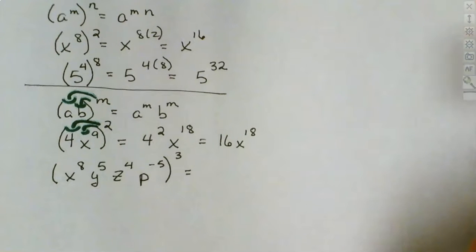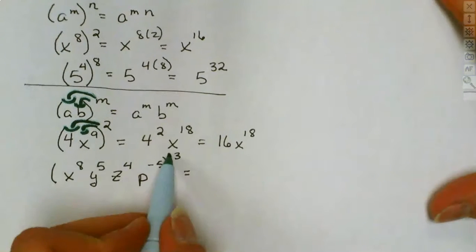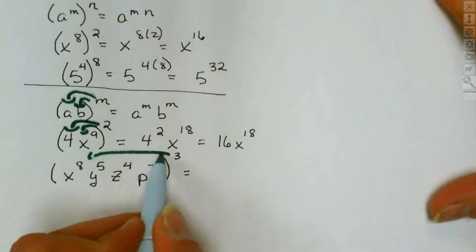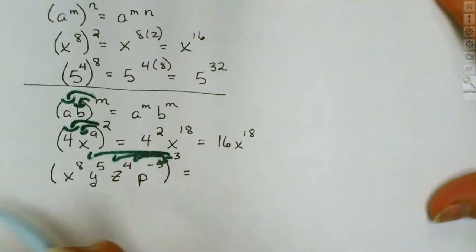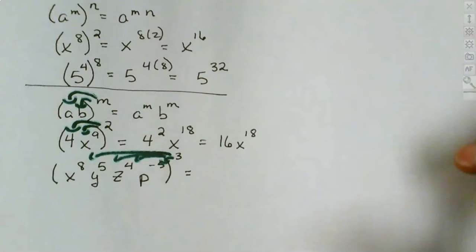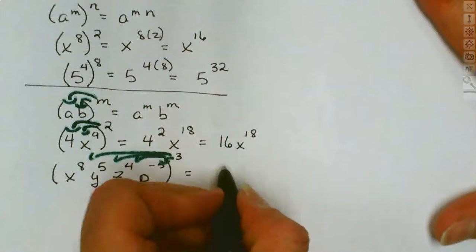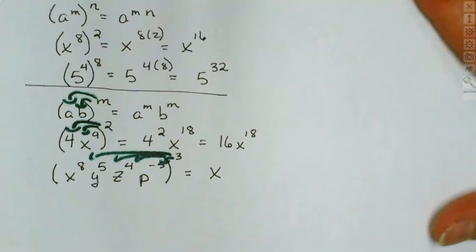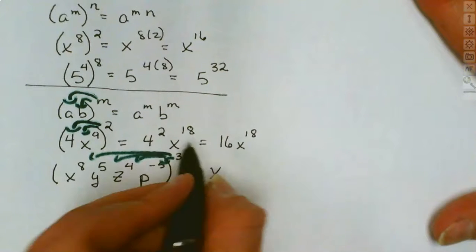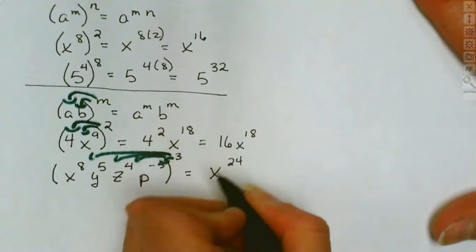So what do we need to do? Well, we need to go ahead now and distribute that 3 through. So when we have parentheses, those exponents multiply. And what does that give you? Well, that gives you an x to the 8 times 3 power, and 8 times 3 is a 24.